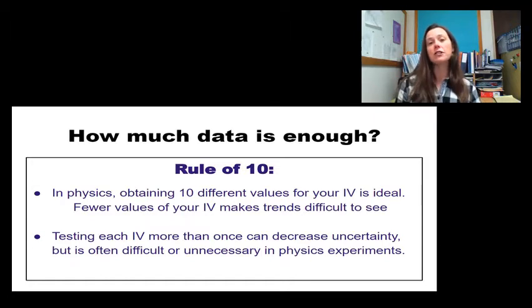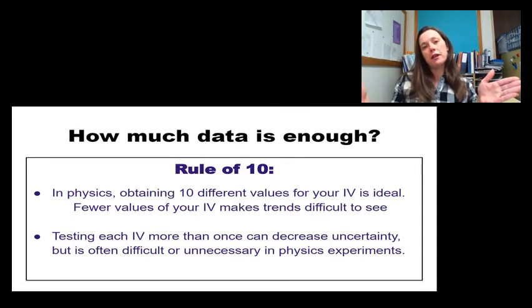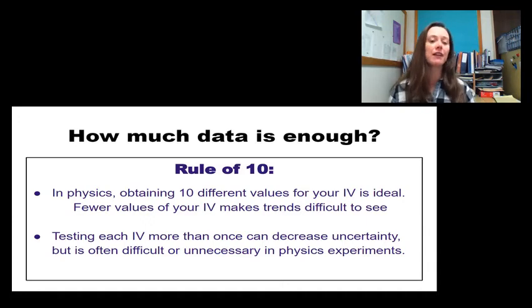However, in physics, if you're timing something that's happening over a period of time, sometimes it's really difficult to do more than one trial, and it's better to get a large number of independent variables over a wide range rather than testing each value of the independent variable hundreds of times. Okay, so that's what we mean by sufficient data and having enough data.